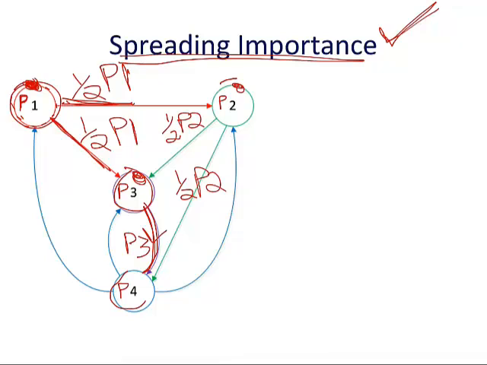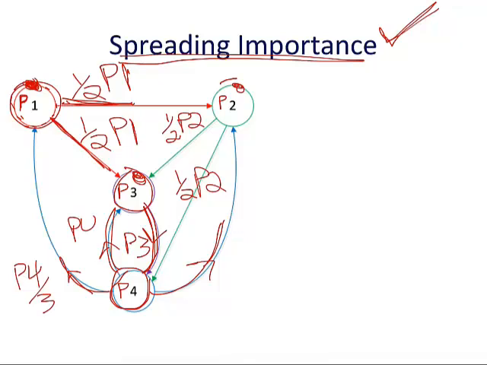And if we look at node 4 and its outgoing links, we have 3 of them. So if we were on page 4, we'd have a third of a chance of visiting pages 1, 3, or 2, and then we weight that by the importance of page 4: P4 over 3, P4 over 3.